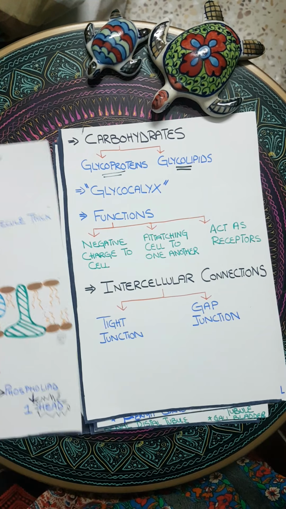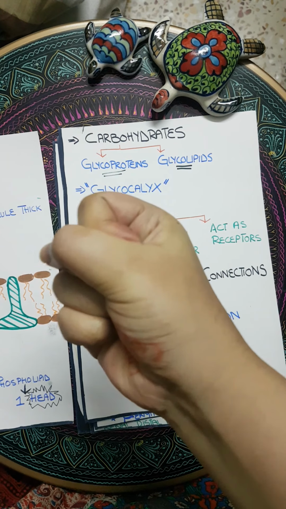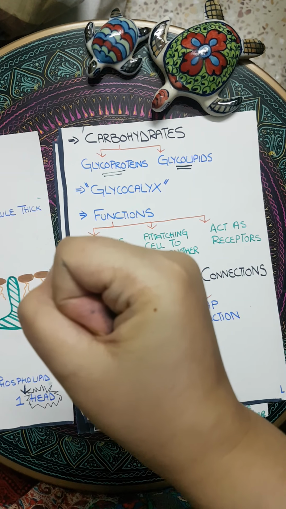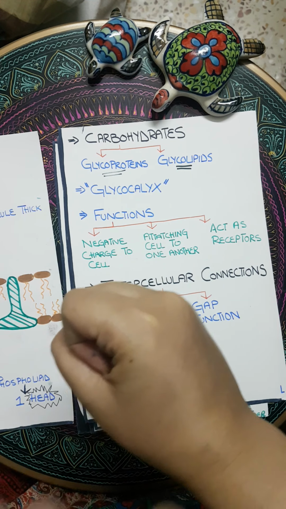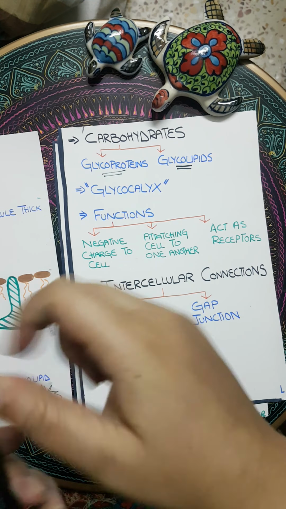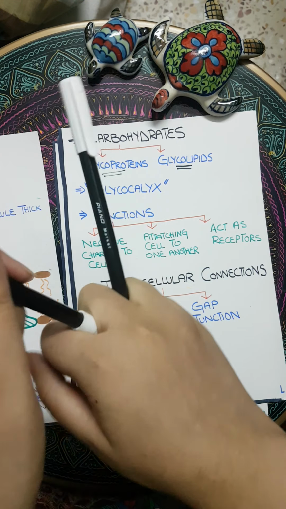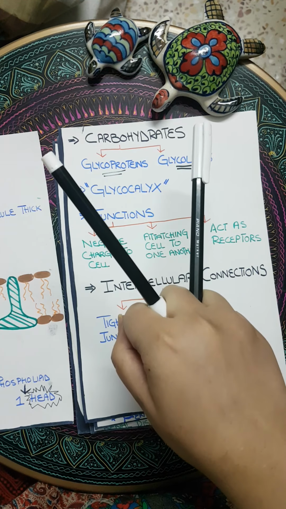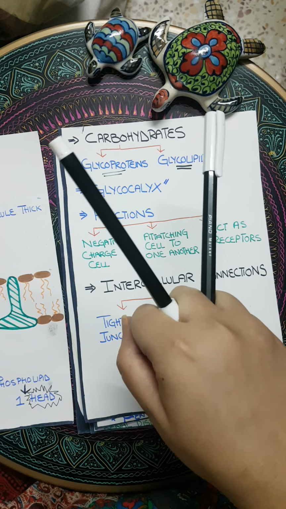Let's say this fist of mine, just consider it as a cell and the skin as a cell membrane, whereas these two, consider them as carbohydrates protruding out of the cell membrane or out of the cell.